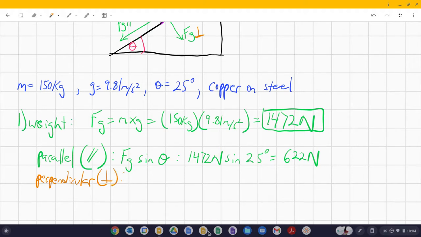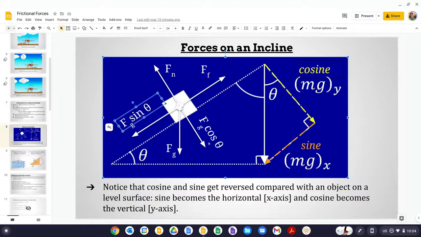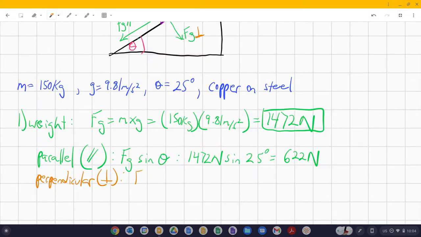Now let's double check the notes. The perpendicular force, the weight basically pulling onto the surface, we must use cosine. So it's the weight times cosine of the angle. So that's 1472 newtons cosine of 25 degrees.